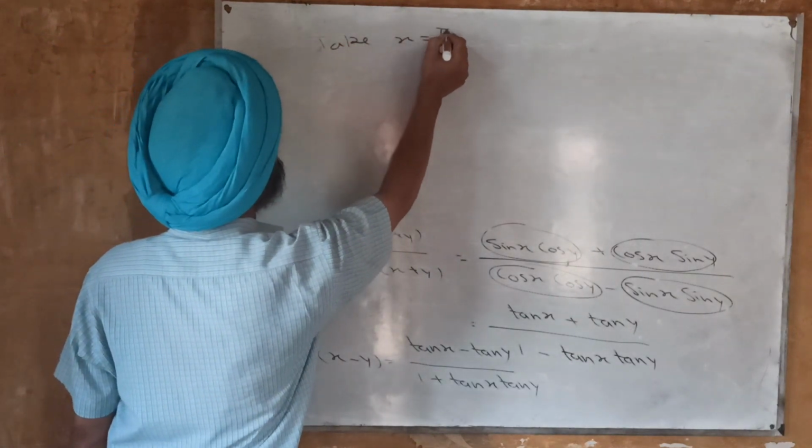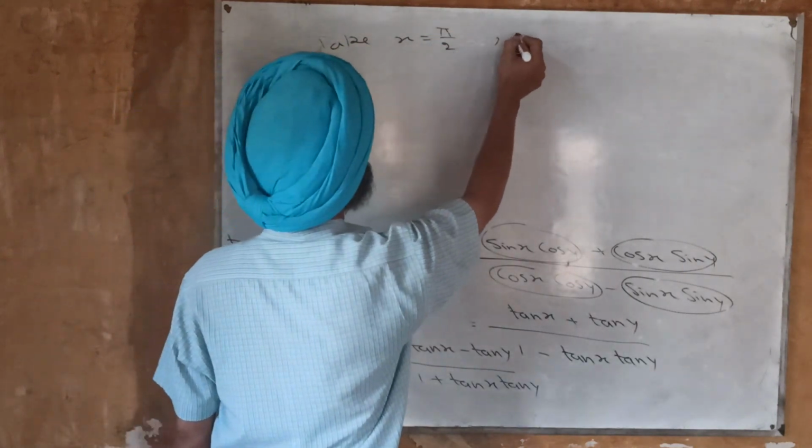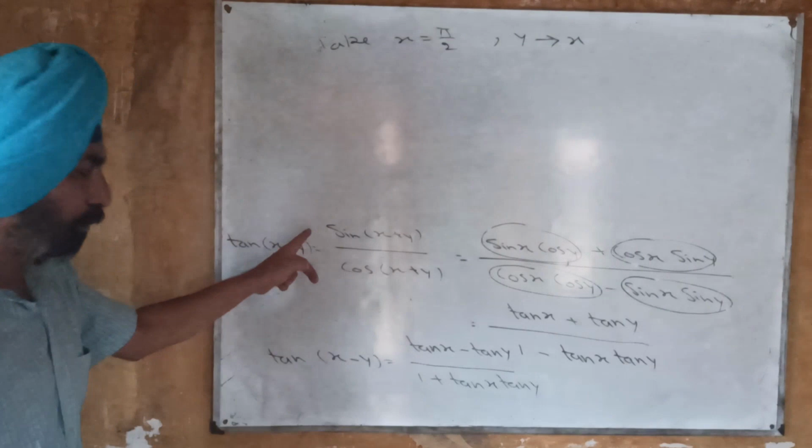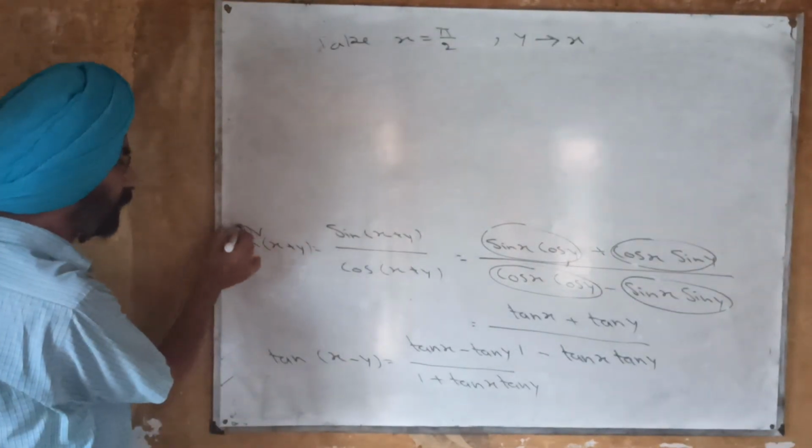In both these two derivations, the last two, you make a replacement: take x equal to pi by 2, and replace y by x in both these formulas. So first I am taking the first one.